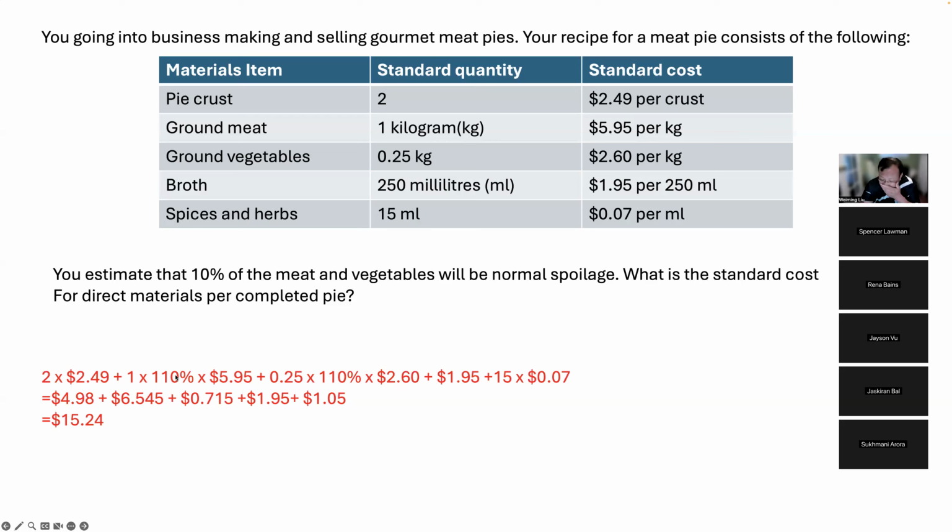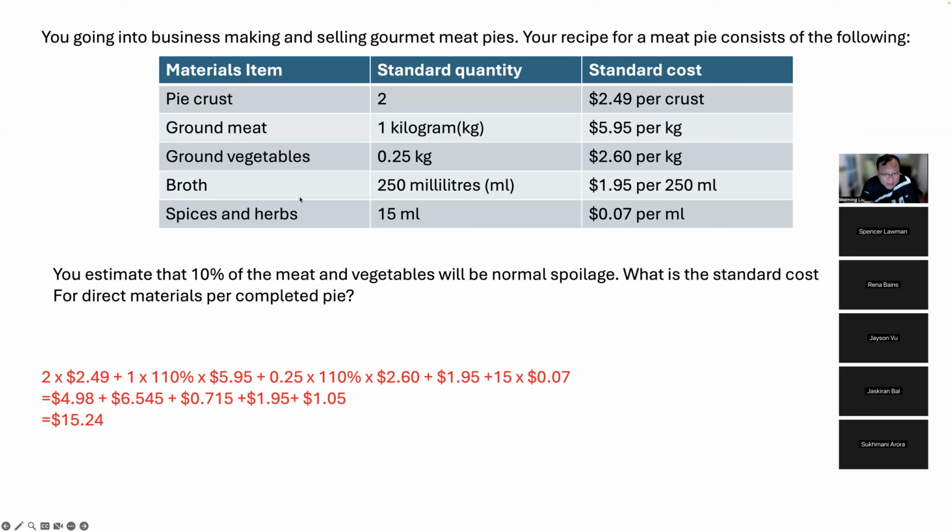So you use 1 kilogram times 110% times 5.95 per kilogram. The same idea for vegetables, which are also subject to 10% normal spoilage.